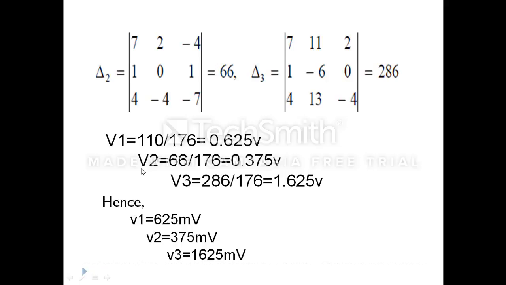V2 is delta 2 by delta, 66 by 176, which is 0.375 volt. V3 is delta 3 by delta, 286 by 176, which is 1.625 volt. Hence V1 equals 625 millivolt, V2 equals 375 millivolt, and V3 equals 1625 millivolt.